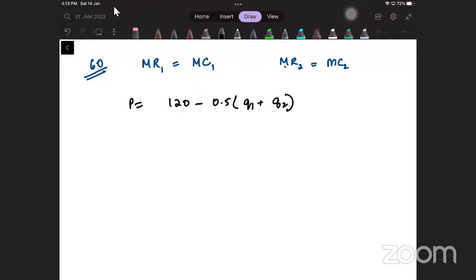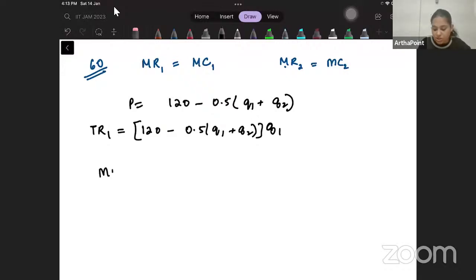And the total revenue of firm 1 will be this. Based on this, the marginal revenue of firm 1 will be this. You just differentiate this and you will get this as the marginal revenue of firm 1. How?